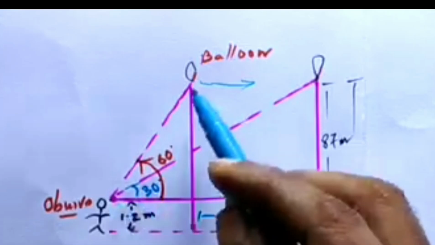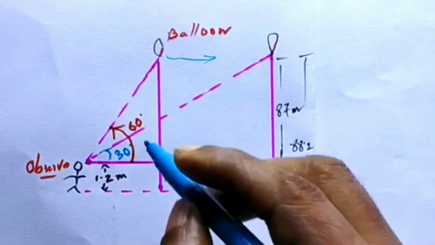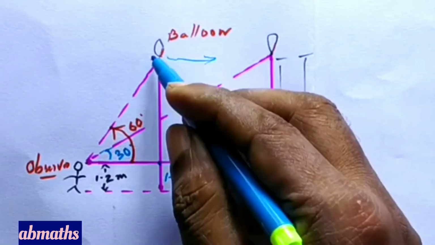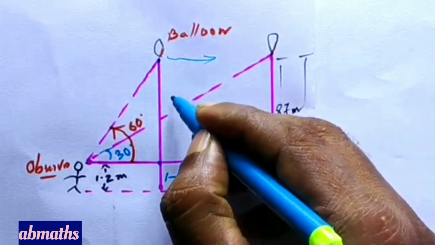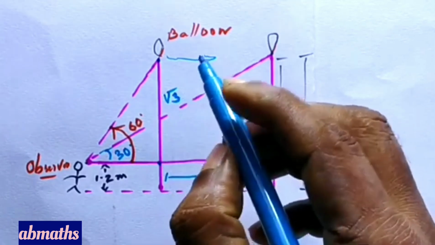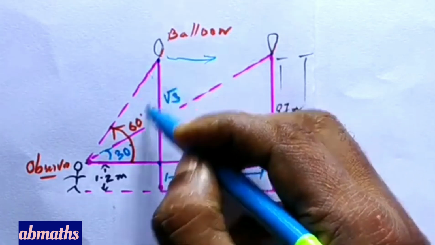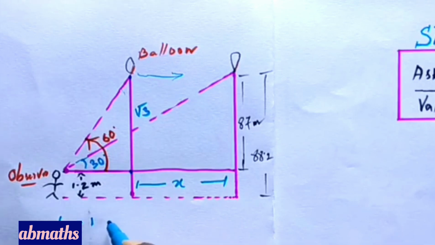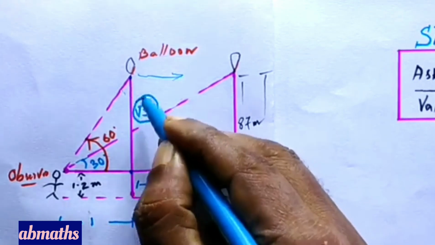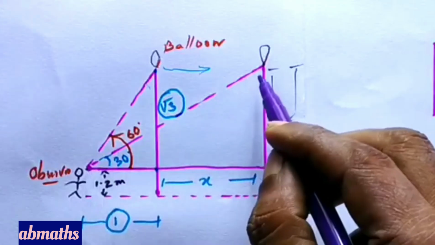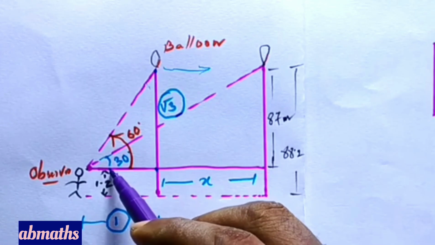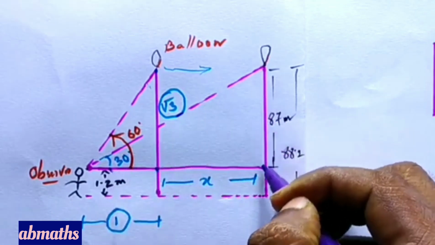Now in this small triangle, what we do is, opposite to 60 is this part from here to here. It is root 3. The value ratio is root 3, and this is our 30 degree, so this part will be 1. Let us write it inside a circle so that we remember. And for the big triangle, this one, we have 30 degree here. So opposite to 30 is this side, from here to here.